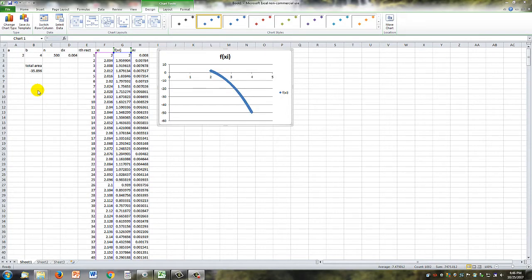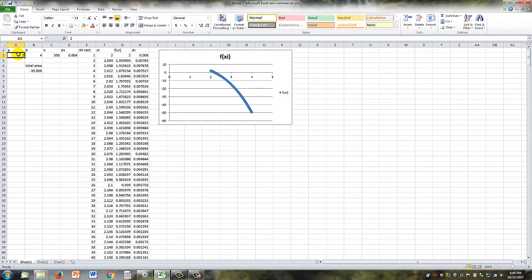Okay, the last thing we want to do is prove that the answer that we got in B, negative 36, is correct. And so we are trying to evaluate the function from 2 to 4. I'm going to use 500 rectangles, use my dx formula. X is a, or 2, and then I'm going to add dx to that.